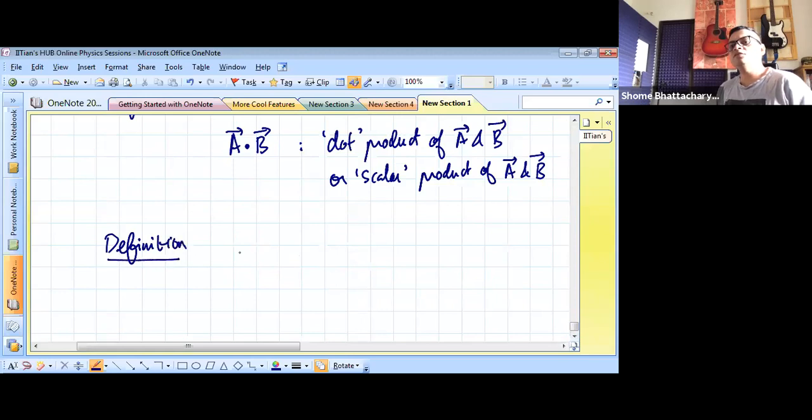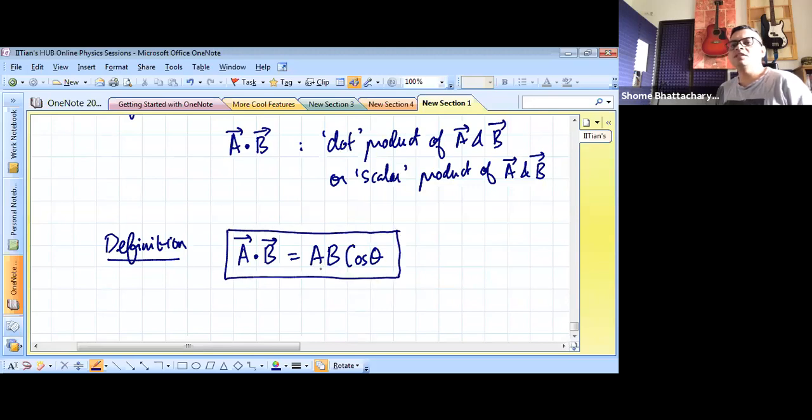So the definition of the dot product is that to carry out this operation, we multiply the magnitude of vector A with the magnitude of vector B with cos of the angle between them. Okay, so this is the definition of the operation.